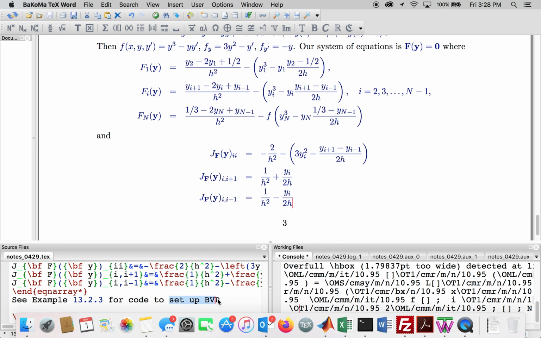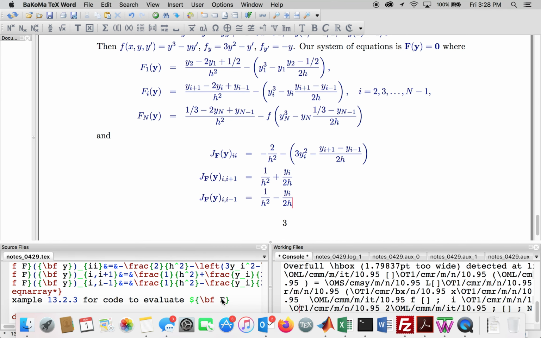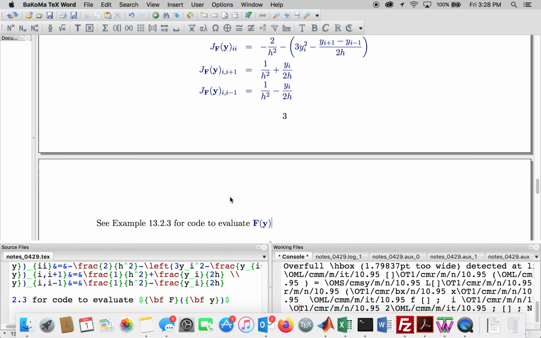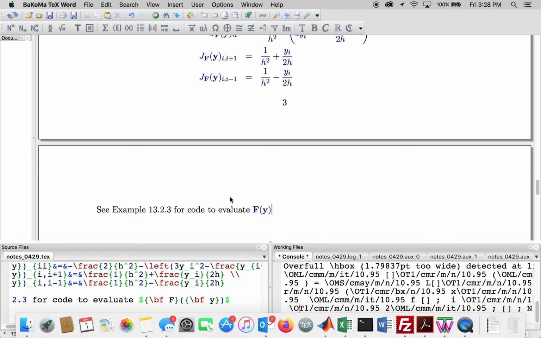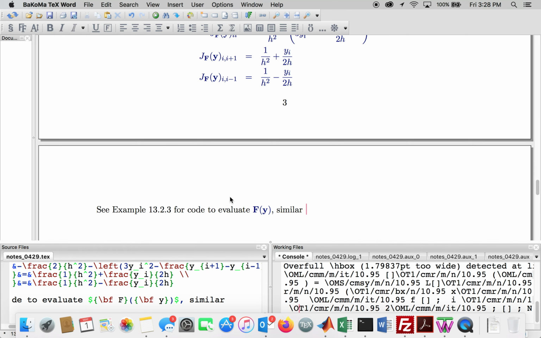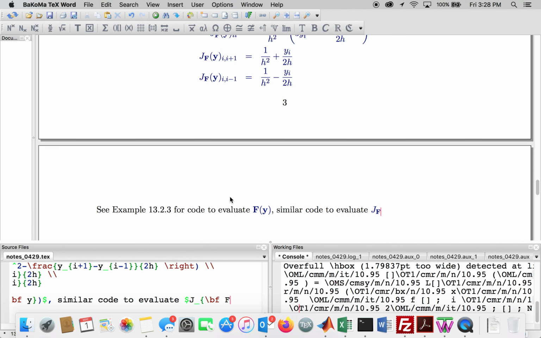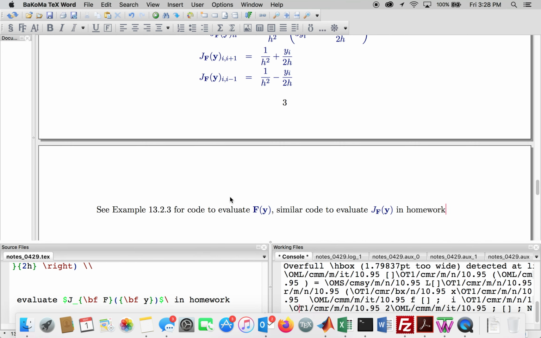For code to evaluate f of y, I need to go to the next page here. So similar code to evaluate the Jacobian matrix is one of the homework problems, but the idea is it works fairly similarly.